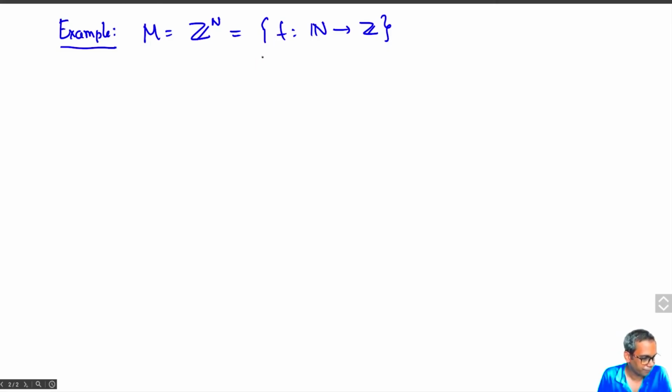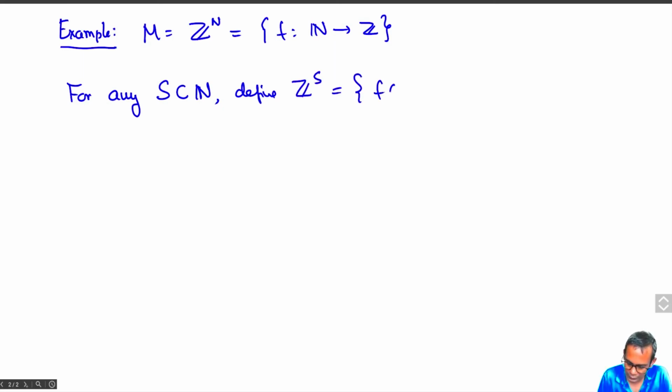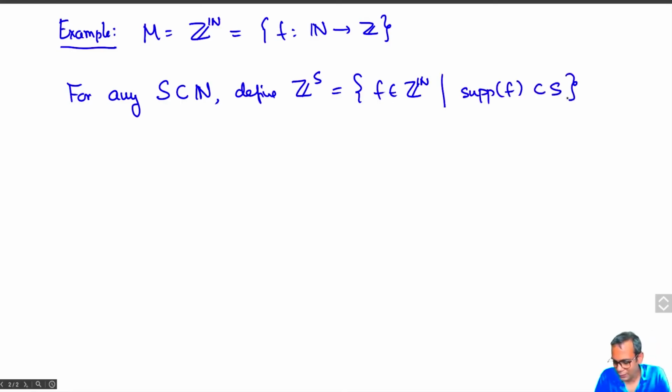Now for any subset S of the natural numbers, define Z^S to be those functions f from natural numbers to Z such that the support of f is contained in S. That means f(n) is 0 unless n belongs to S.